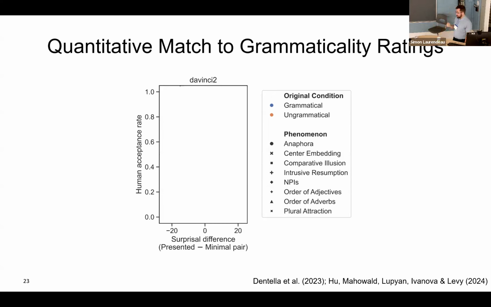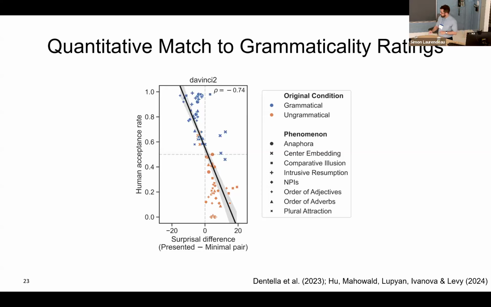And people don't always agree about what's grammatical, so you have different rates of people accepting a sentence as grammatical. That'll be the y-axis, and the x-axis is the magnitude of the surprisal difference that you measure from a language model, and you get a good quantitative fit. So, for example, in the lower right quadrant there in the orange, those are cases where people are very, very unlikely to say something is grammatical.